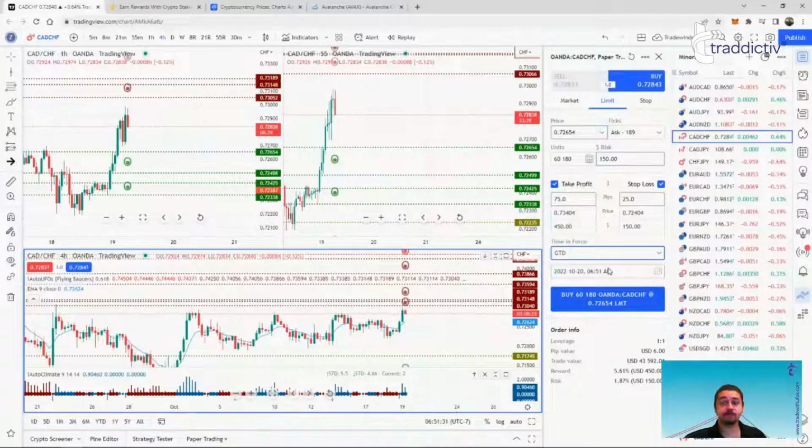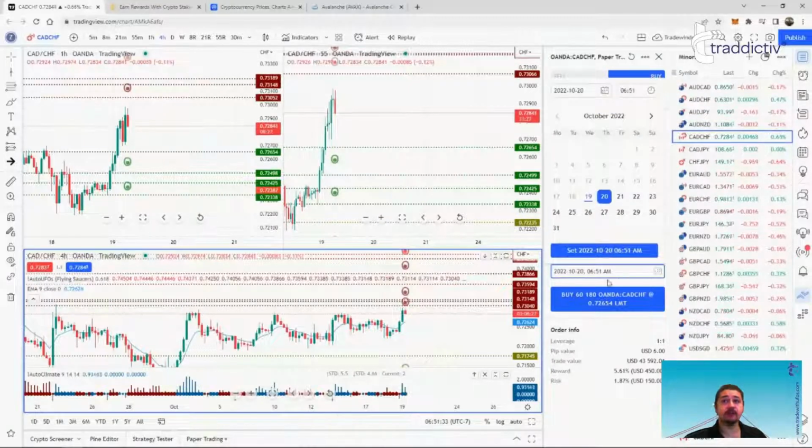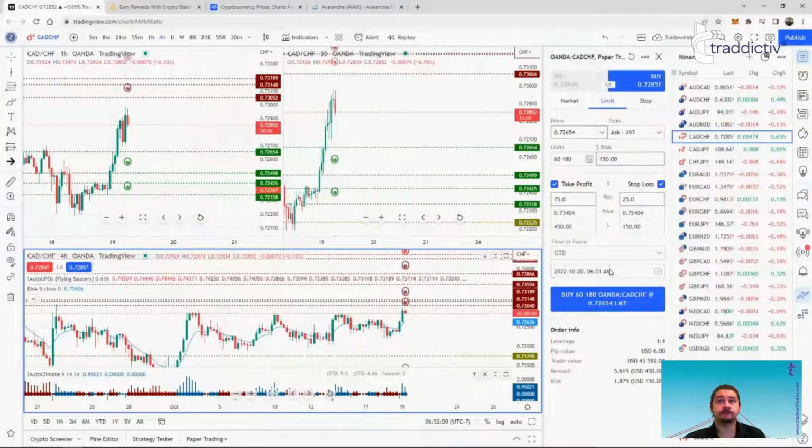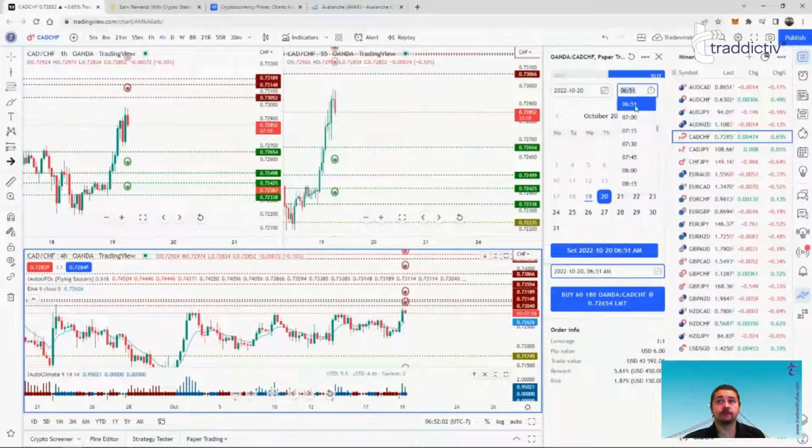Okay, so 16 hours from now would actually be right around midnight today, right? 7 plus 16, yeah, about 1 o'clock in the morning tomorrow.